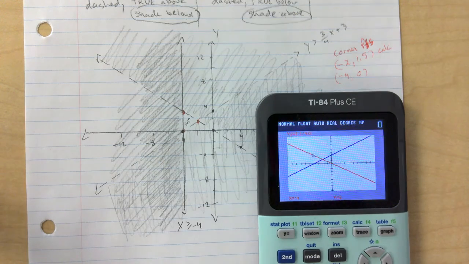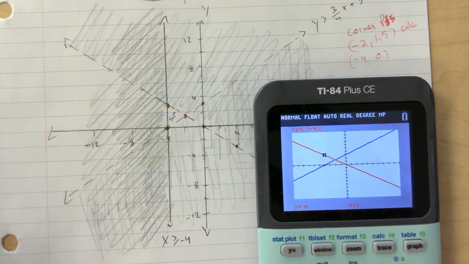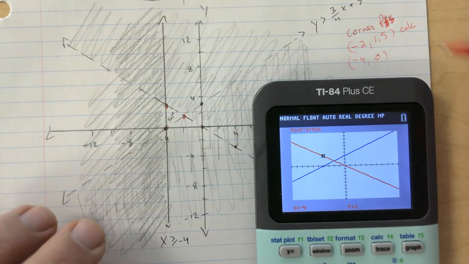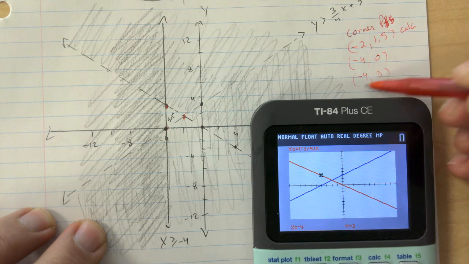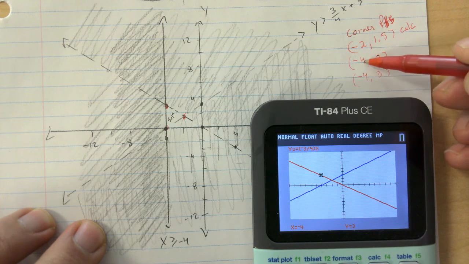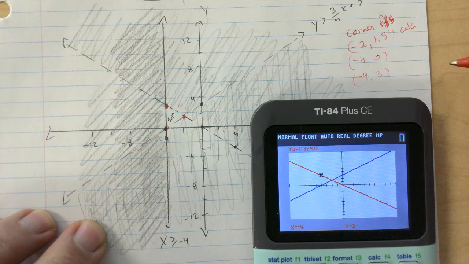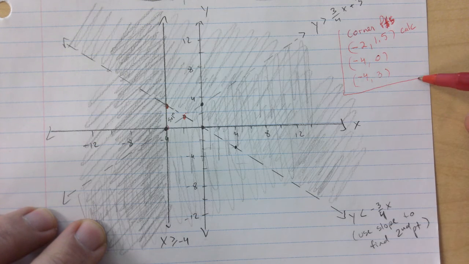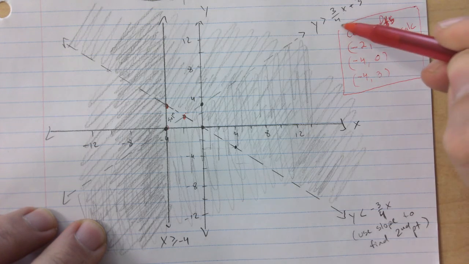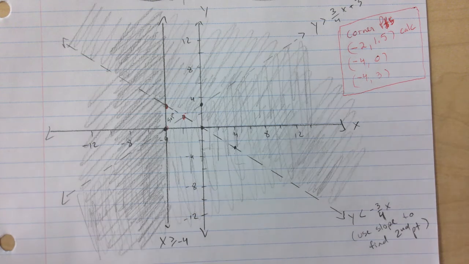It's hard to see on the camera right now, but it's -4, 3. So you write that down as well. We did expect two of our corner points to have the same X value. So just jump up and down once you've done second trace 1 to get your two different points. And these are your corner points right there.